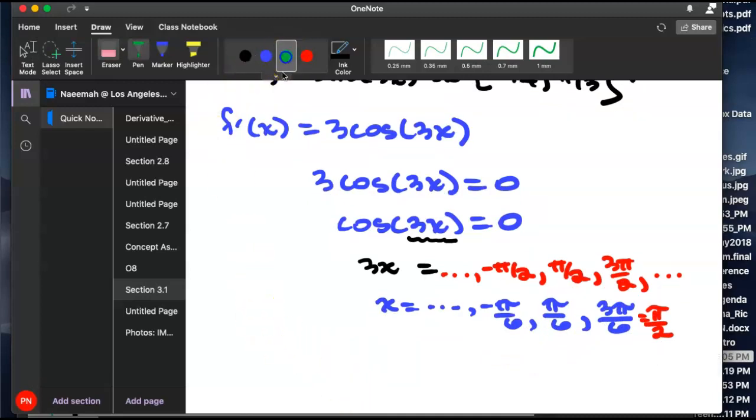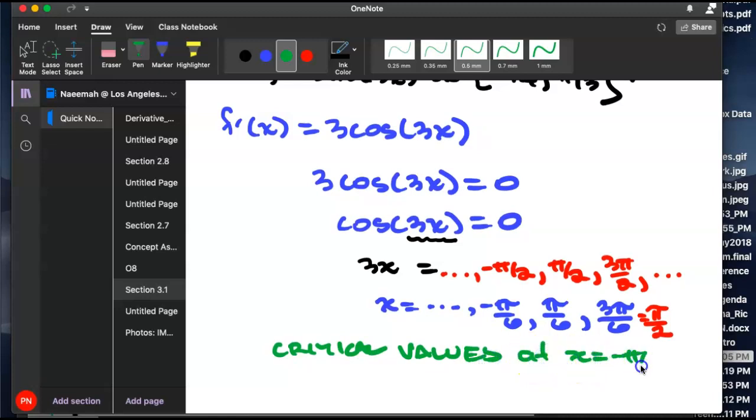So what this is going to illustrate here is that we have critical values at x equals negative pi 6 and x equals positive pi 6.